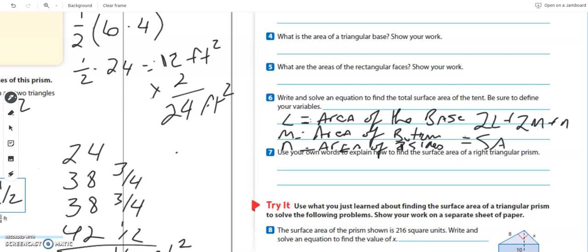You need to multiply the area of one of the bases by 2, and then add that to the area of the 3 rectangular sides.